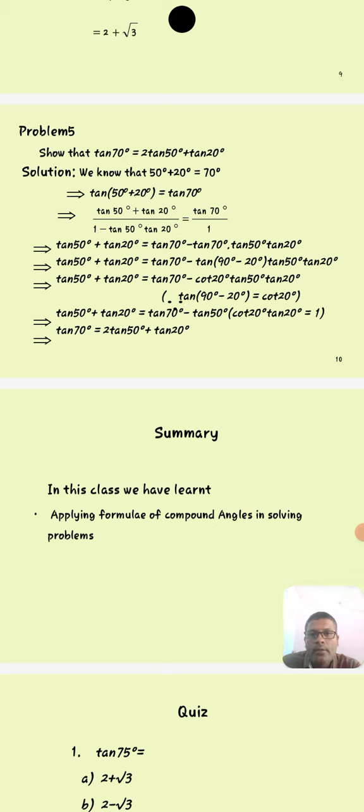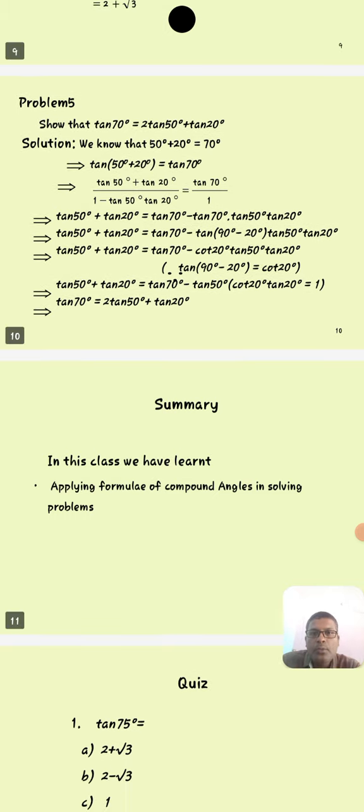So finally we get the result: tan 70 degrees is equal to tan 50 degrees, and the minus tan 50 written on the left side becomes positive. We get tan 50 degrees plus tan 20 degrees. Now we have the proof: tan 70 degrees is equal to tan 50 degrees plus tan 20 degrees.